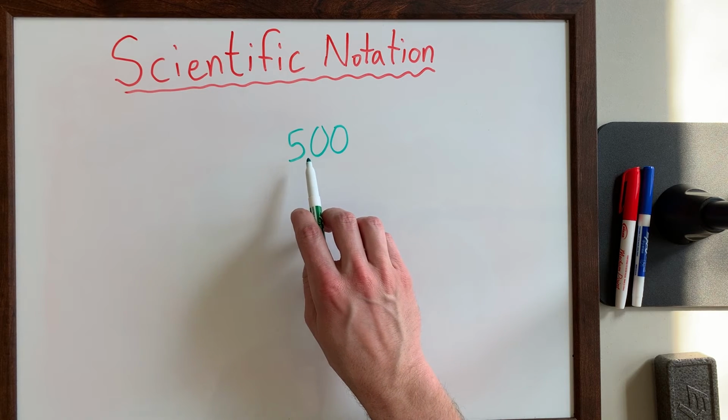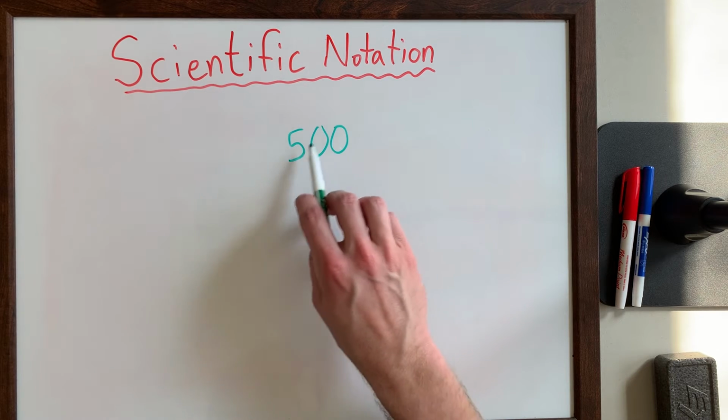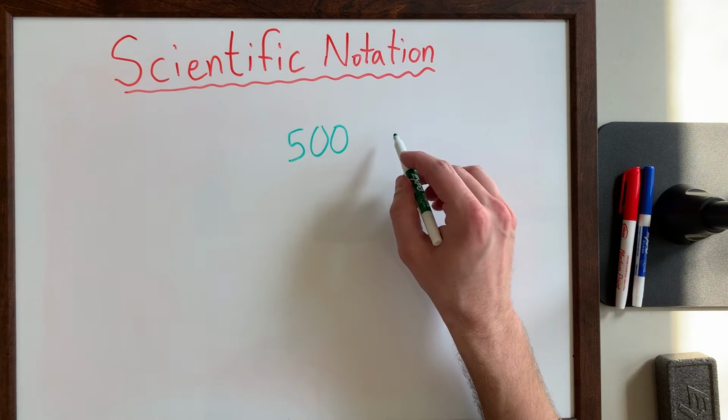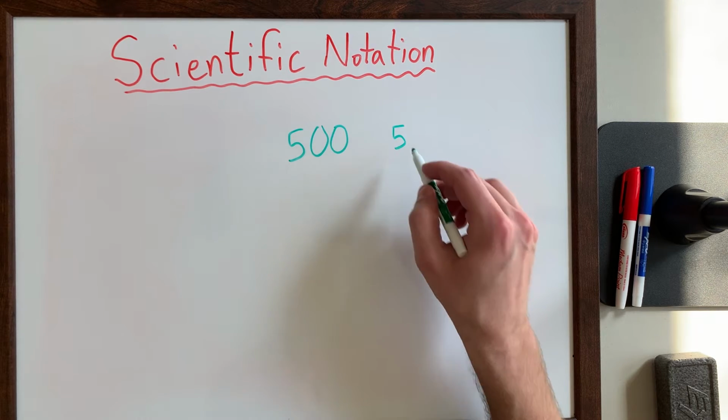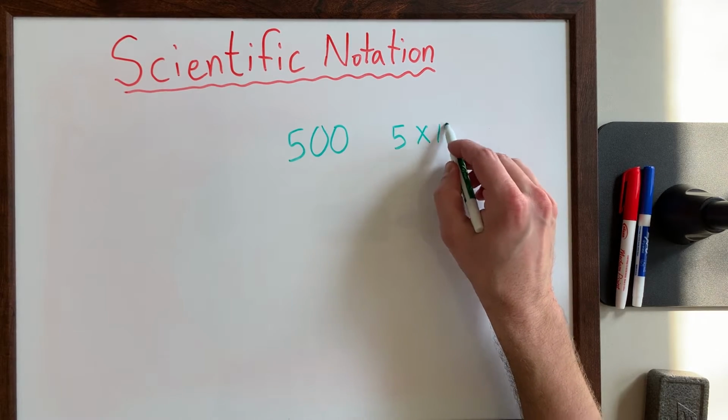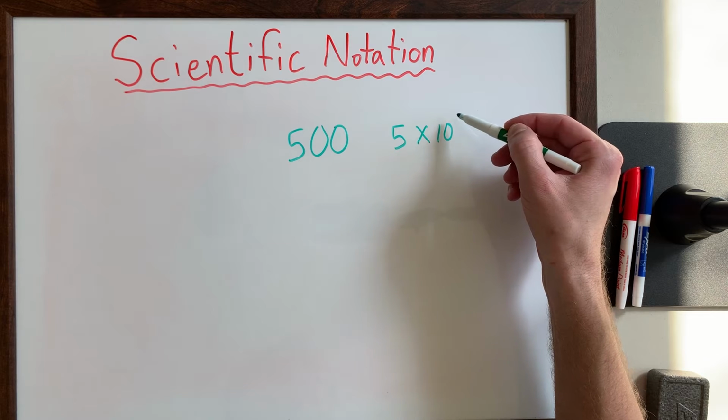The number 500 is in standard form. And if we want to write that in scientific notation, we want our coefficient to be in between 1 and 10, and then times 10 to what power or exponent?